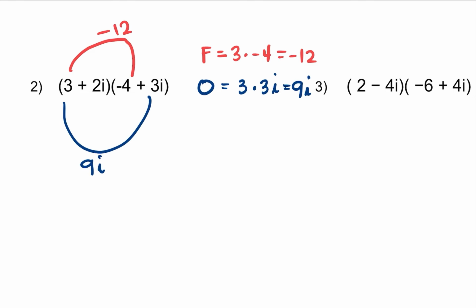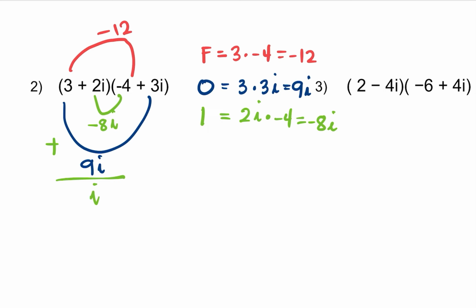And then we are going to do inner, which stands for I, 2i times negative 4, which is negative 8i, so negative 8i, and we add these two together, and that should be equal to 1i, or i, positive.